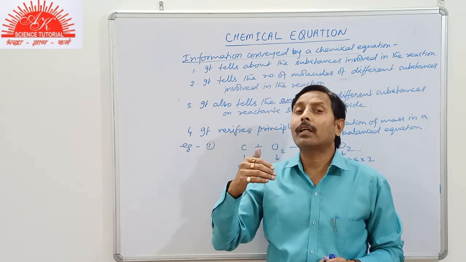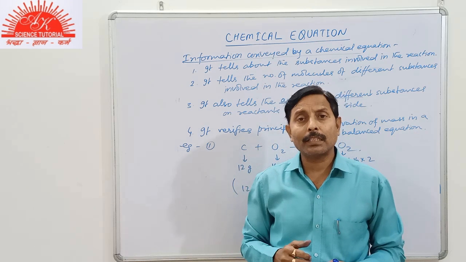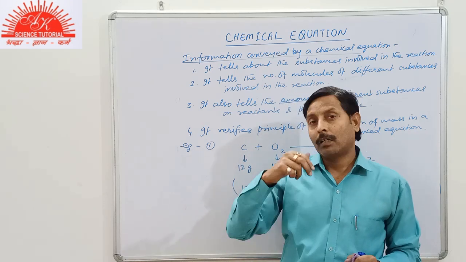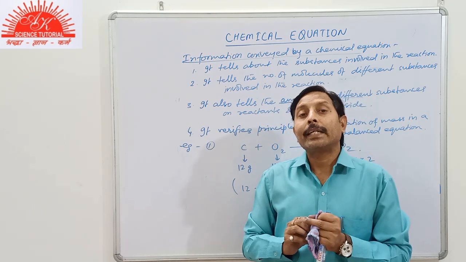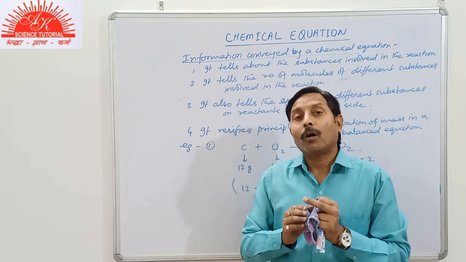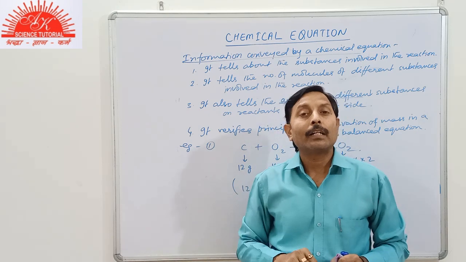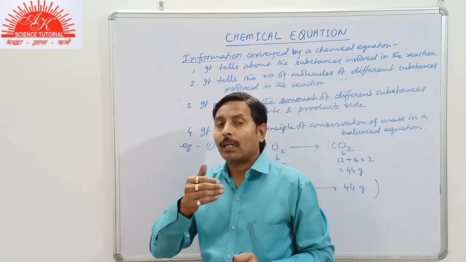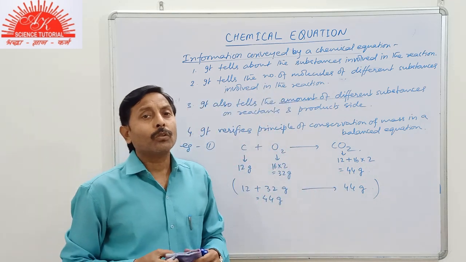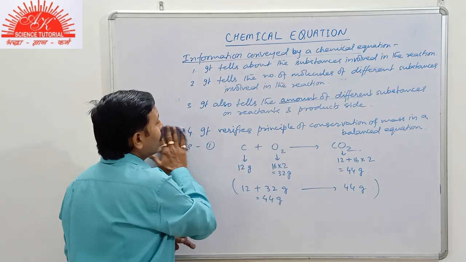Other methods will be studied in higher classes, because those are used only when you are able to know or explain the mechanism of the reaction. This is the beginning stage, so these methods will be used later on.